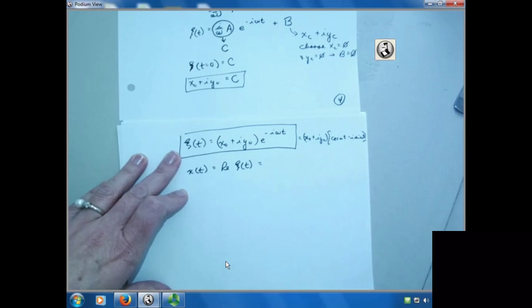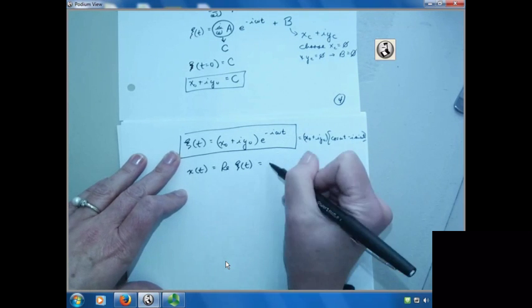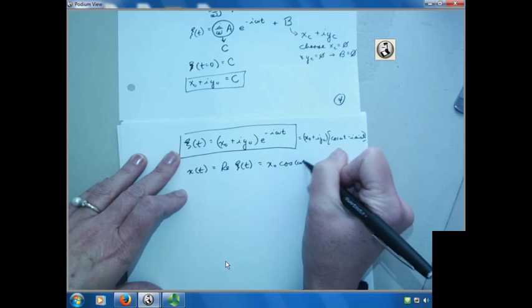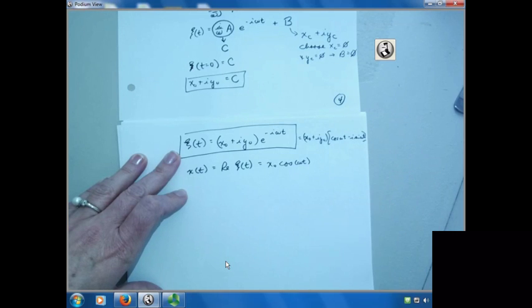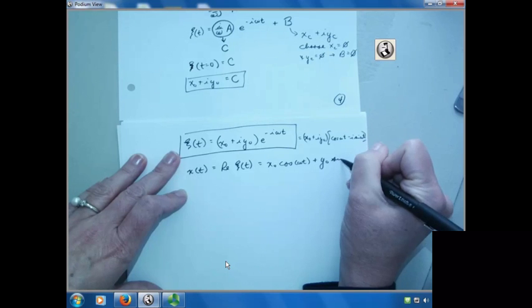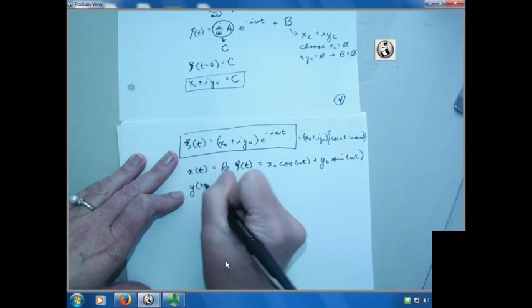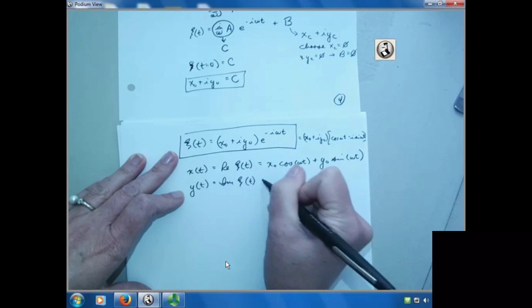Show my work. All right, so then for my real part, I'll get x naught cosine omega t for one term, but then I also have this i times negative i y naught sine omega t. So that gives me a positive plus y naught sine omega t. And for y as a function of time, I have to take the imaginary part of xc as a function of time.